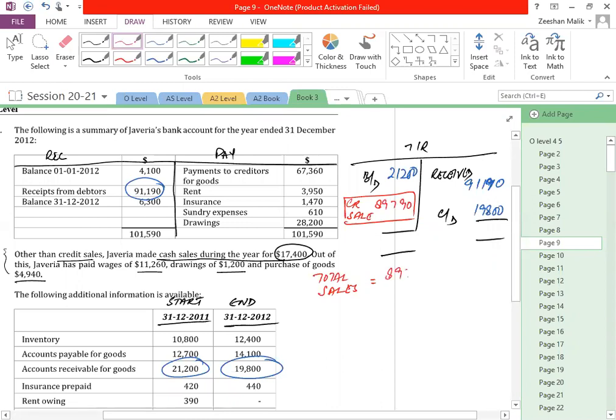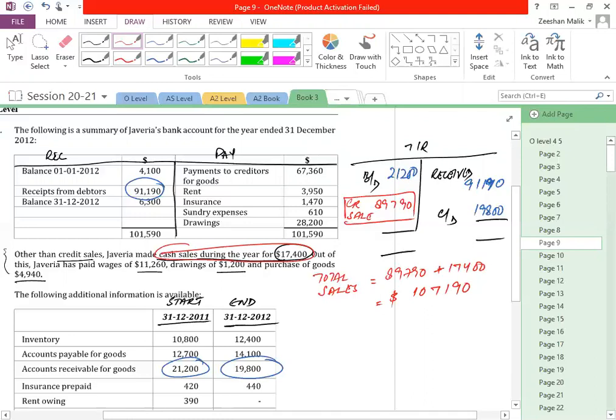So credit sales plus cash sales will make up total sales: 107,190.